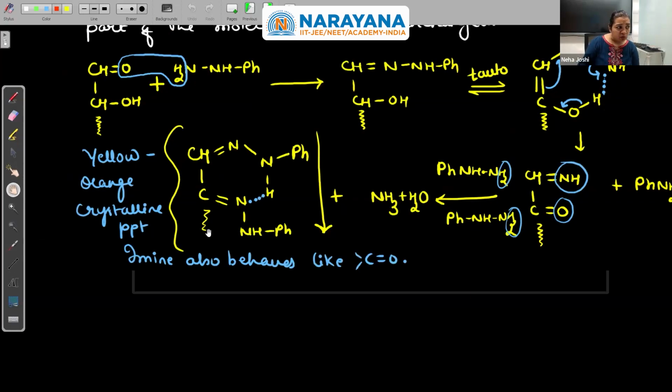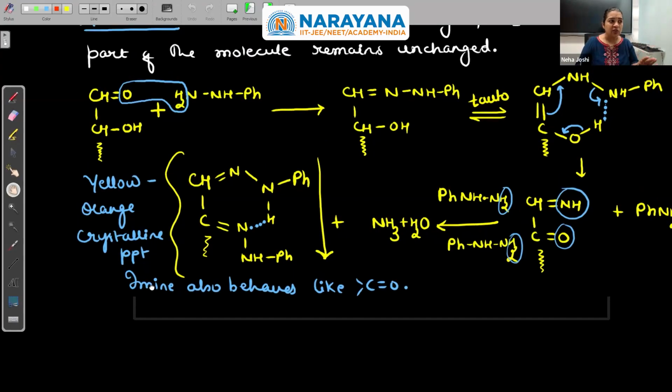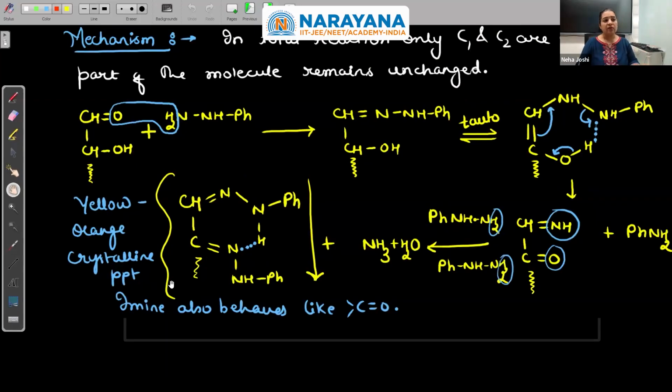The reaction could have proceeded further at other alpha hydroxy positions, but once these two centers react, the osazone formed is a yellow-orange crystalline precipitate. So it goes out of the medium, and further phenylhydrazine has no impact on the rest of the carbonyl centers.